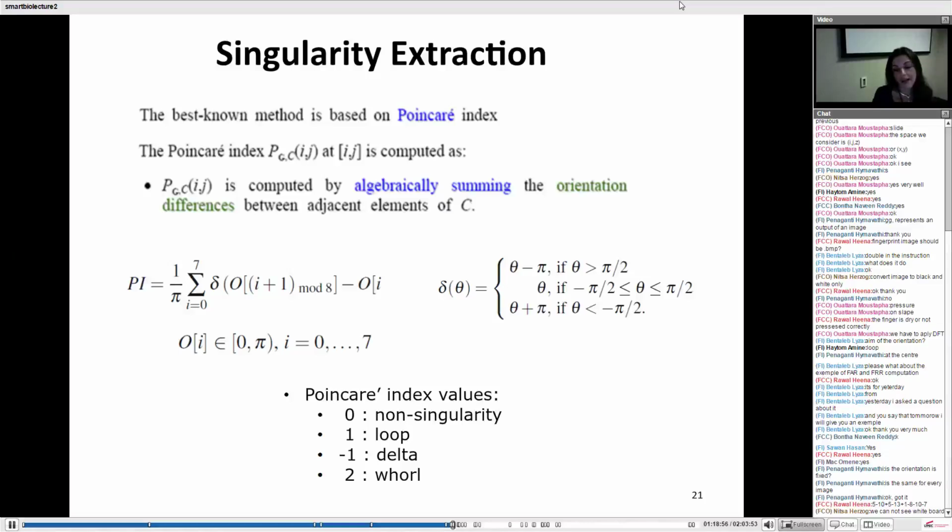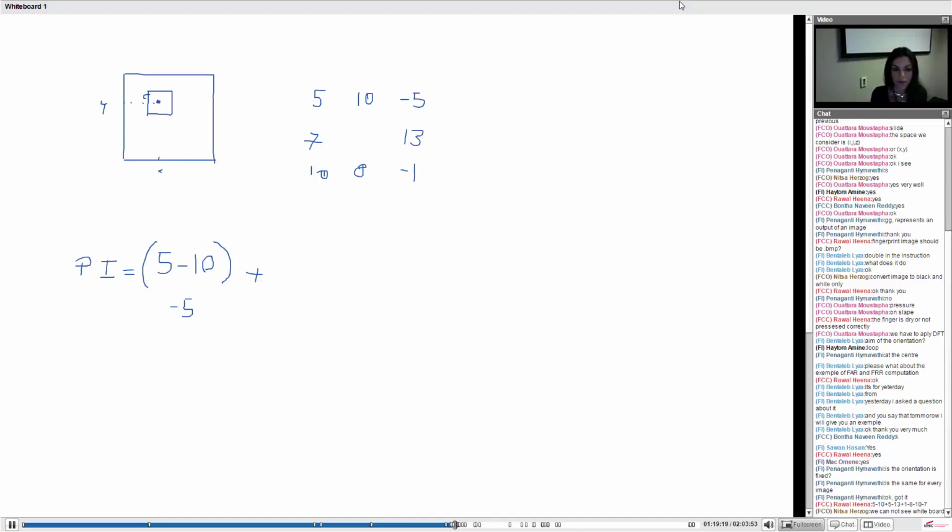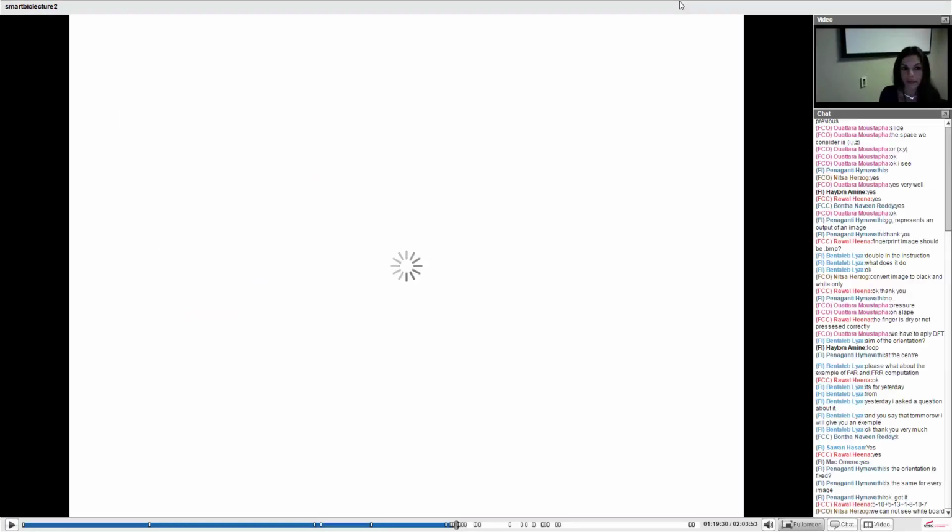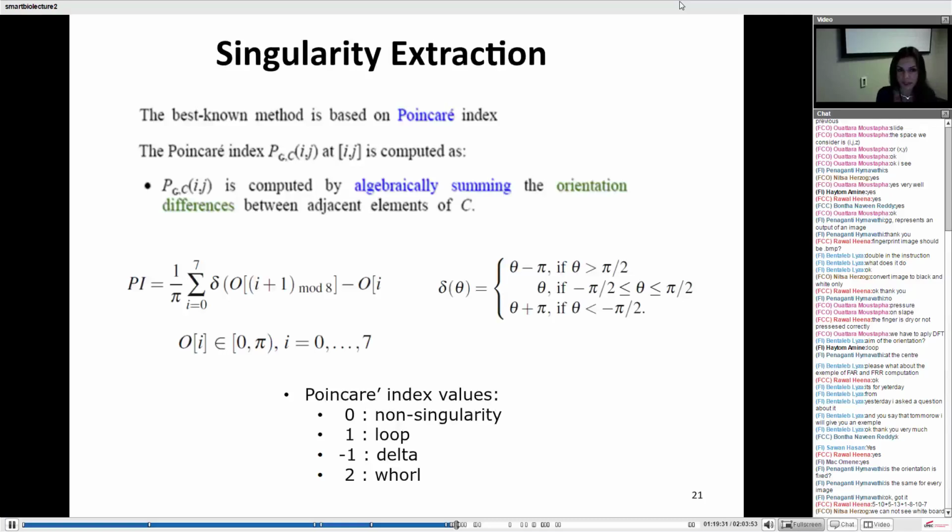Is theta greater than 90 degrees? Yes or not? In the first case, 5 minus 10 is minus 5. So we are in the second case, where theta, minus 5, is between minus 90 and 90 degrees. So we can consider the difference directly as theta, which is minus 5. So I can write in the final summation minus 5, plus.